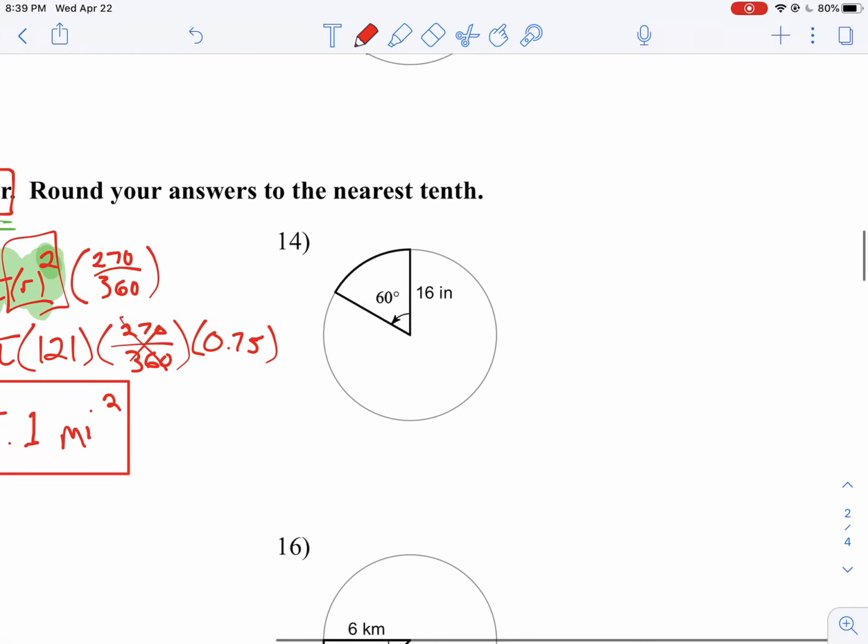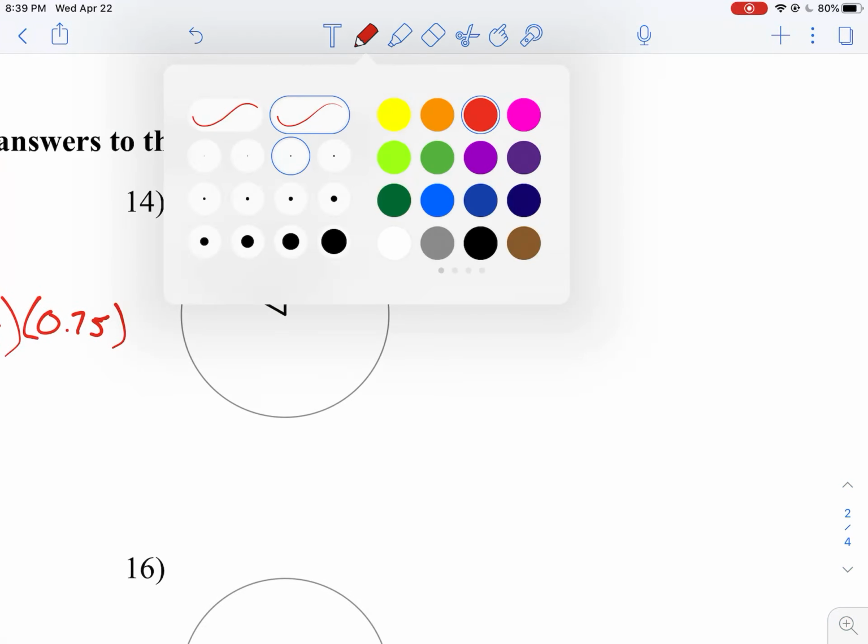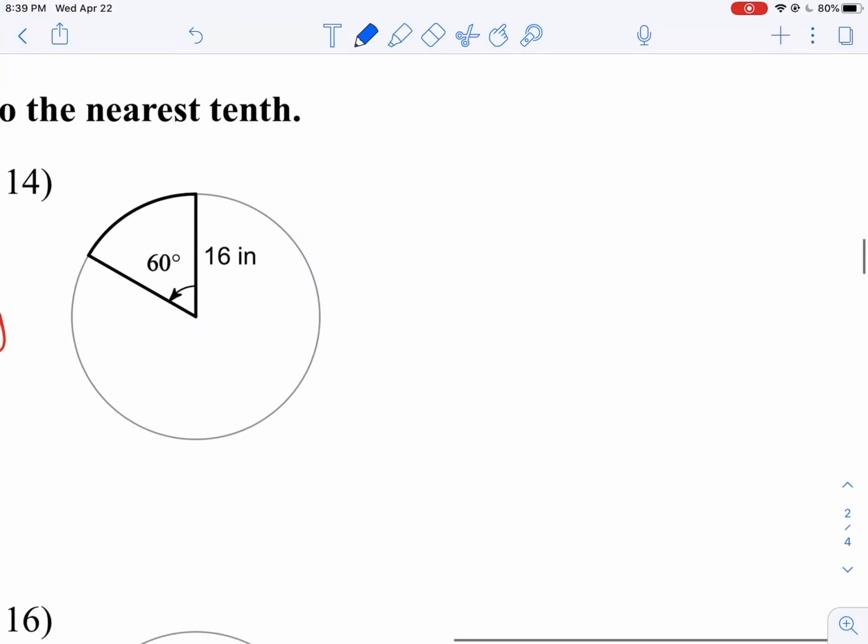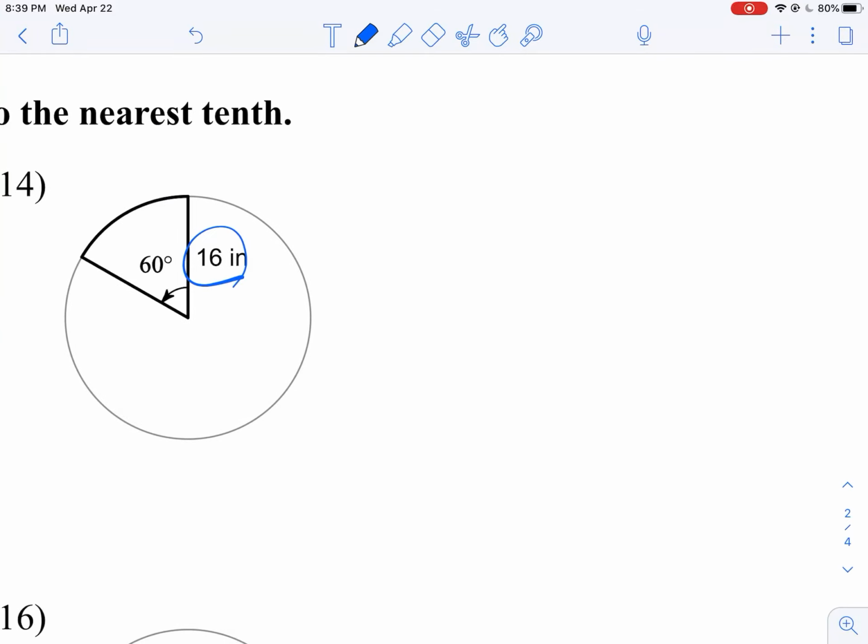So let's go here. Number 14. Here's my radius, right? There's my R. And this is going to turn into the ratio that I multiply my area by to find specifically the area right here. I just want to know how much this little pizza slice is.